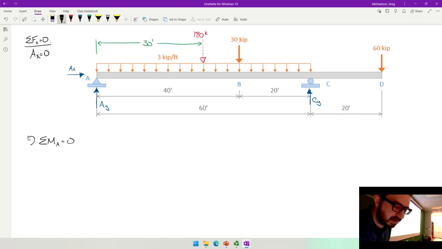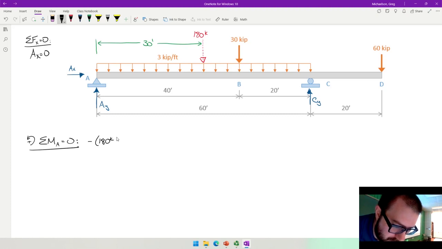Let's say we sum moments at A. So if I sum moments at A, I don't need to consider AX or AY. I have 180 kips times a moment arm of 30 feet. I'm going to treat that as negative. The 30 kips, that's also going to be negative.